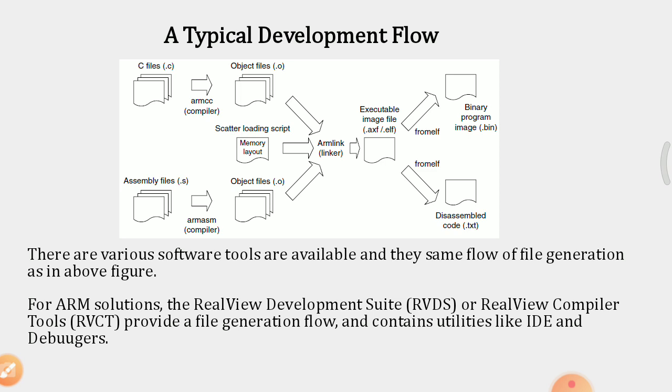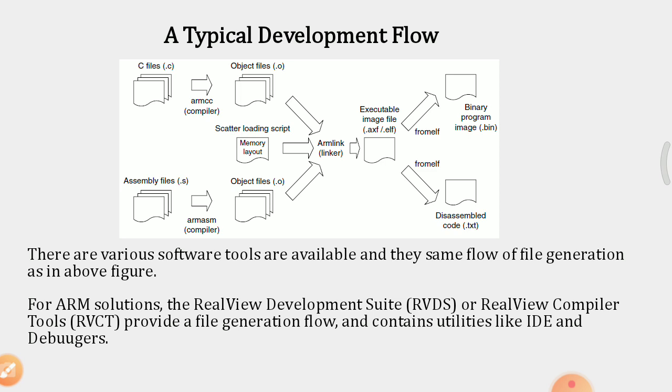Here we'll go through the typical development flow of any assembly program or C program. In the figure we can easily see that in the above side the C file is being written with a .c extension.